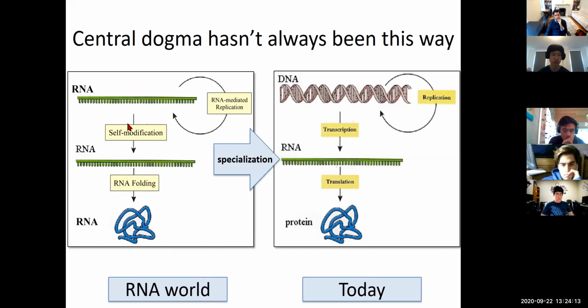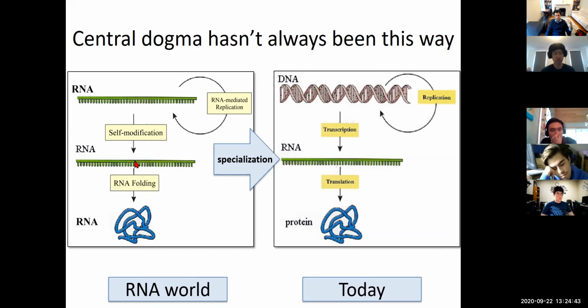So RNA was the agent that carries the information. RNA was the transfer molecule that carries the messengers through. But RNA was also the agent that carried out all the reactions. So all of these, and of course, it wasn't this way because RNA could just very happily transmit information at the same time that it's doing self-modifications and self-folding and self-splicing and so on and so forth.